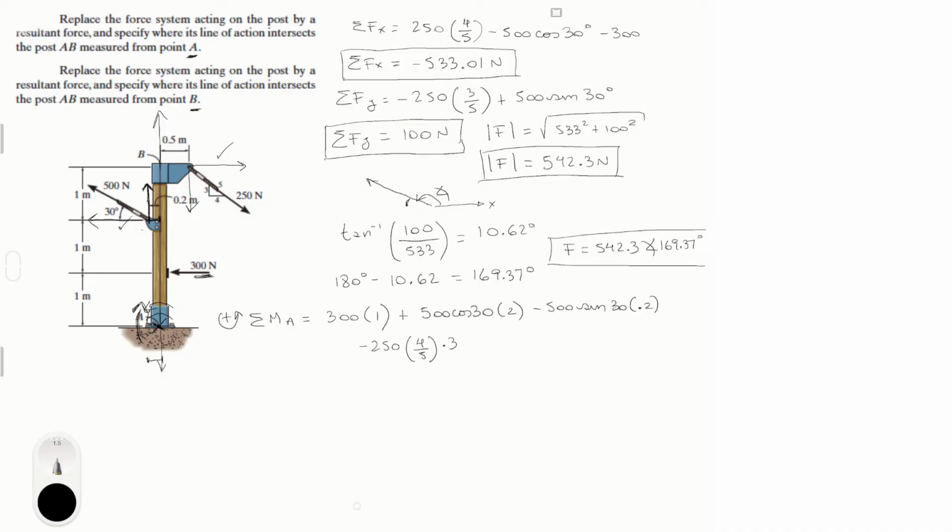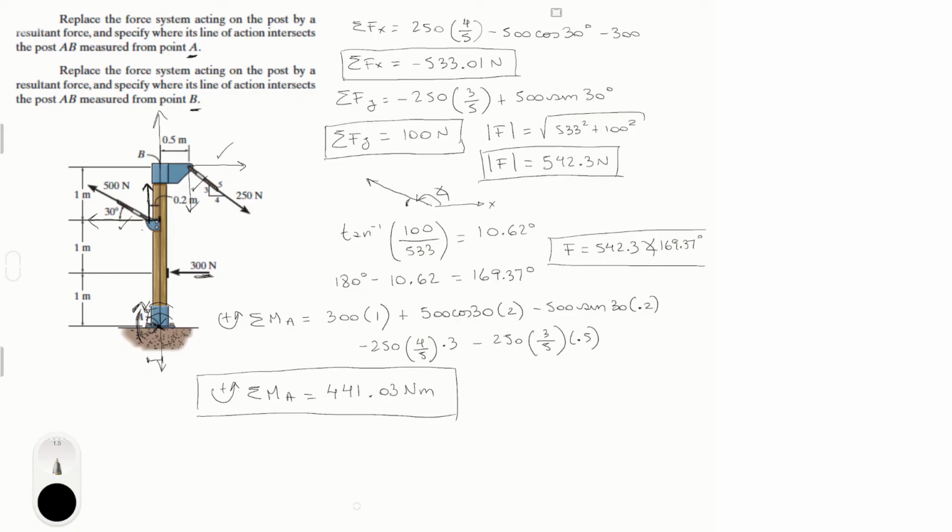And then the y component of this force, which is creating another negative moment at 250 times 3/5 times 0.5. Now, when you plug all these numbers into your calculator, you should get that this is equal to 441.03 Newton meters. Sum of the moments of A, assuming counterclockwise is positive.